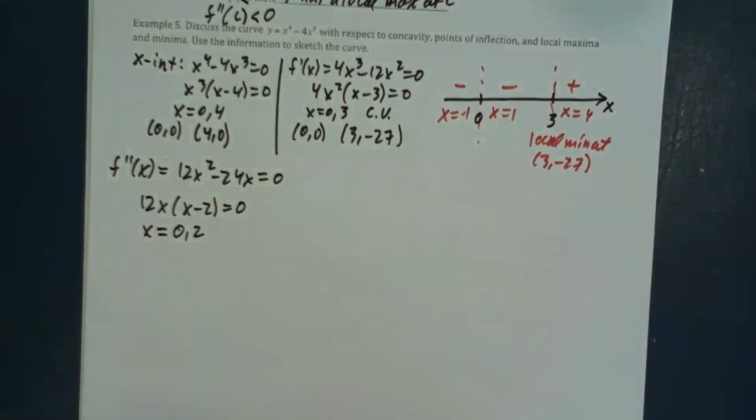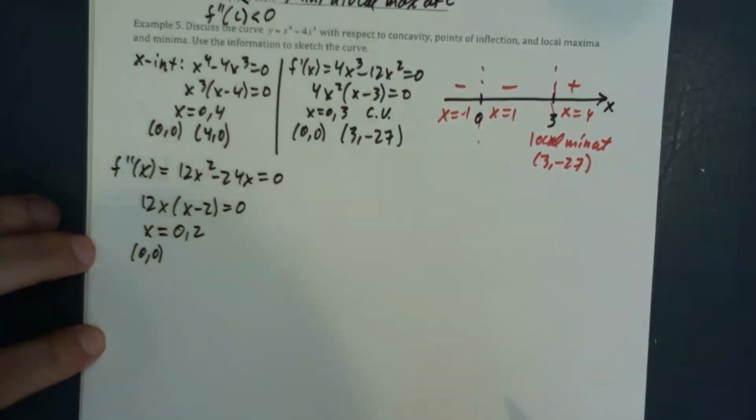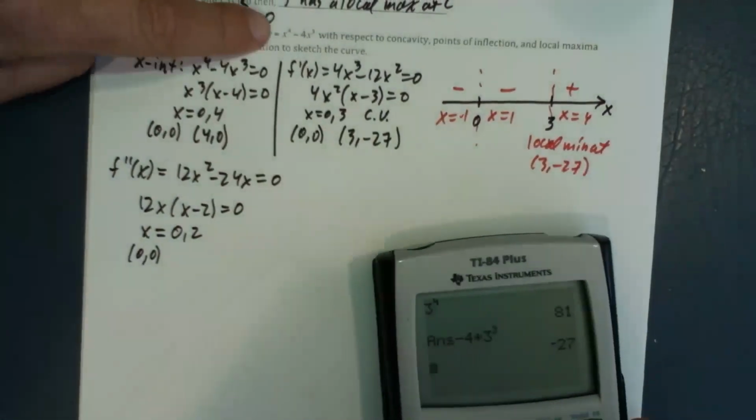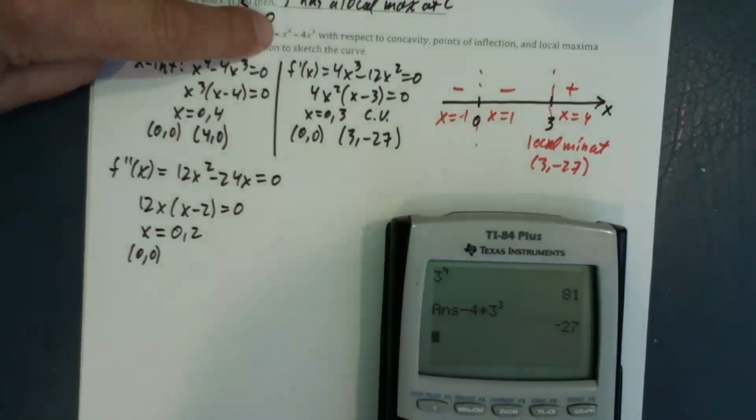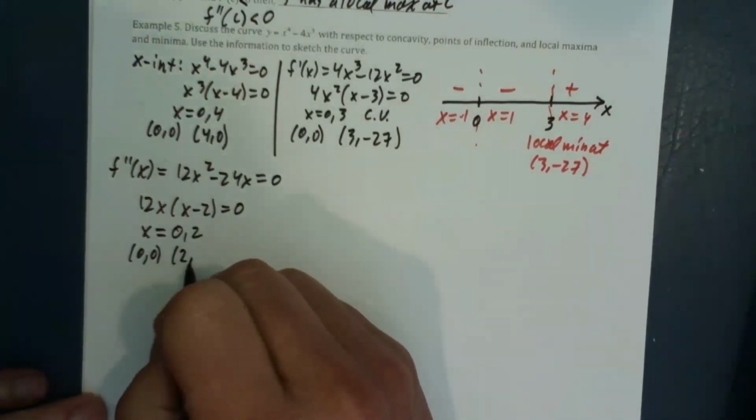And let's see what our points are. Again, we already know (0, 0). Let's see what happens at 2 when we plug it into the original. So 2 raised to the 4th power minus 4 times 2 raised to the 3rd power, -16. So this is at (2, -16).